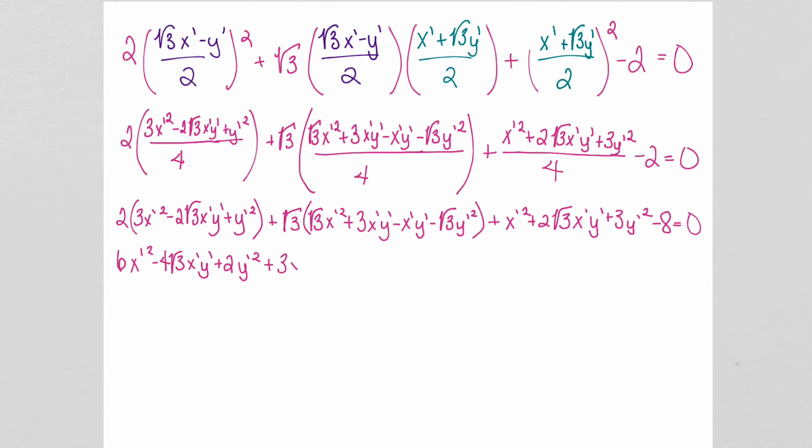So we get 3 x prime squared plus 3 root 3 x prime y prime minus root 3 x prime y prime minus 3 y prime squared. And then we've just got all this again because we didn't have to distribute through anything.